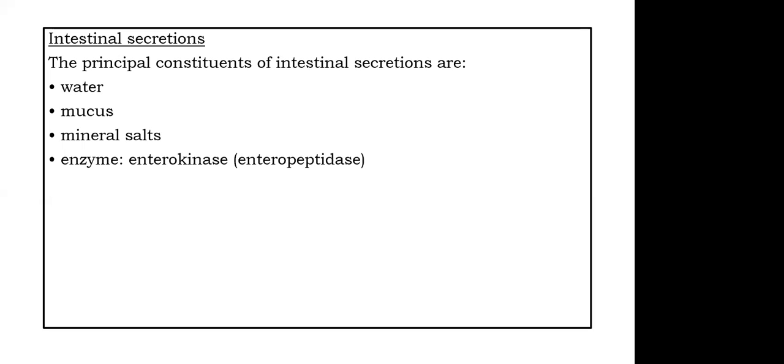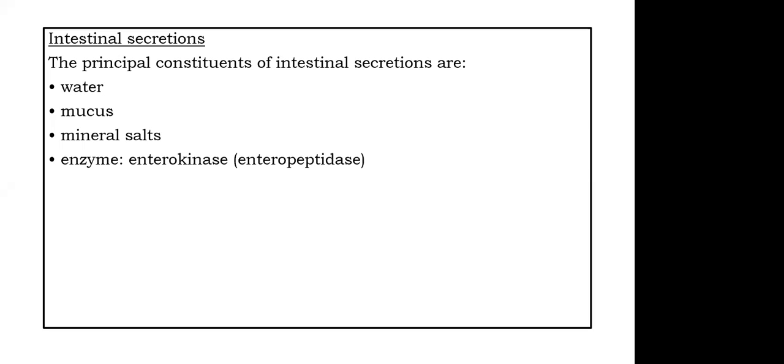So we have dealt with what pancreatic juice is, and we have seen the bile juice. And now, what is this intestinal secretion? We have seen the chemical digestion of carbohydrates, proteins, and fats that occurs in the small intestine. And we have seen the bile.